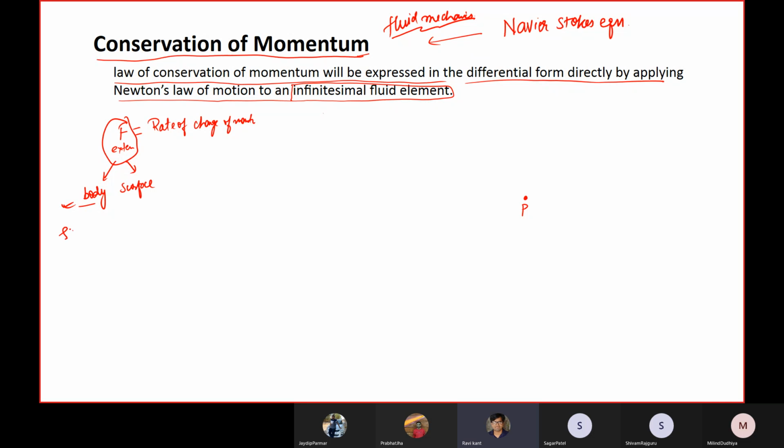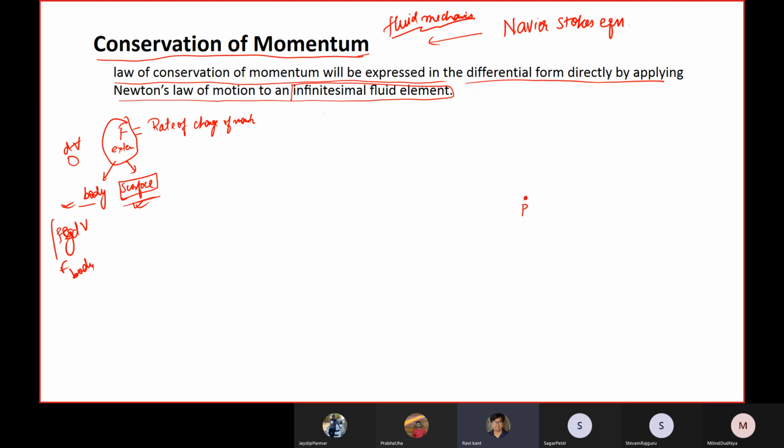We have rho g, and if it is an infinitesimal volume dV, I can integrate it over dV, and we will get the total body force on that body. But what about the surface force? These surface forces are a bit tedious to work with, so we'll look closely at these surface forces right now.